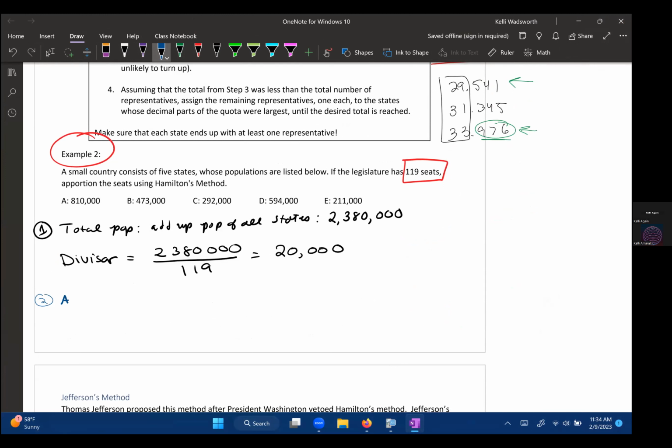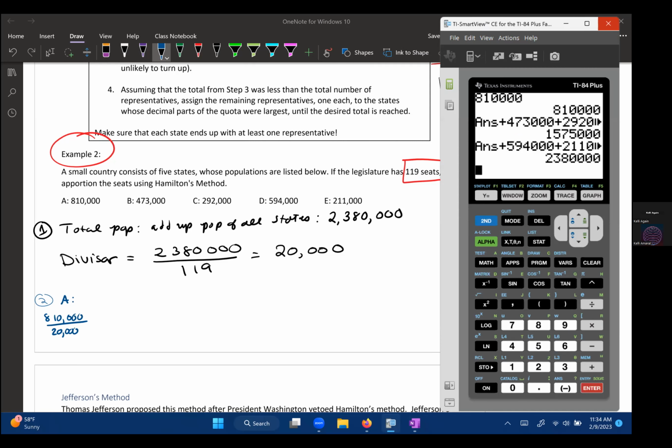State A, our population is 810,000 divided by that divisor, 20,000. So 810, 1, 2, 3, divided by 20, not 21, 20, 1, 2, 3. That's 40.5. So state A's quota is 40.5.